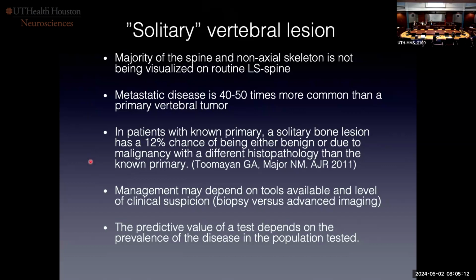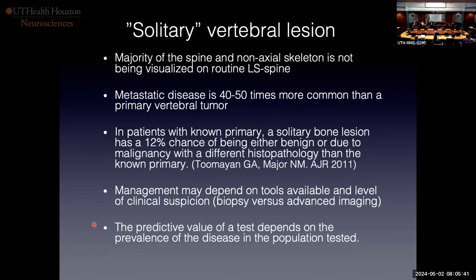Now, the management is probably going to be different in different institutions. It's going to depend upon your tools and level of clinical suspicion. So let's say you've got an interventional guy who loves to biopsy stuff and you've got a high degree of clinical suspicion because you work at MD Anderson, that you're not going to use necessarily the same algorithm that I would use in a general practice neurosurgery clinic for working up the average patient who walks in with no history with a solitary lesion.